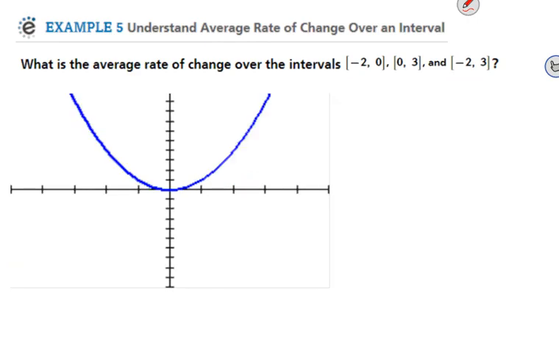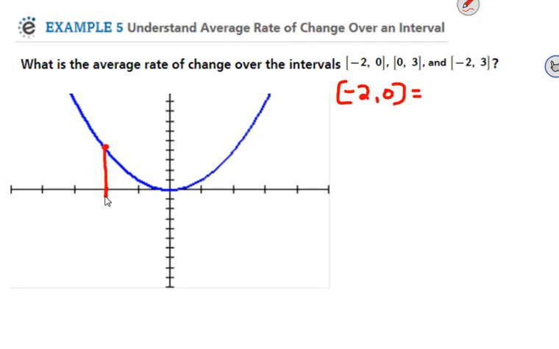All right, here's our last example. This time we have a parabola. We're going to find the average rates of change over the same 3 intervals that we've used in the last 2. So let's start with the first interval, -2 to 0. So here's -2, x equals -2.